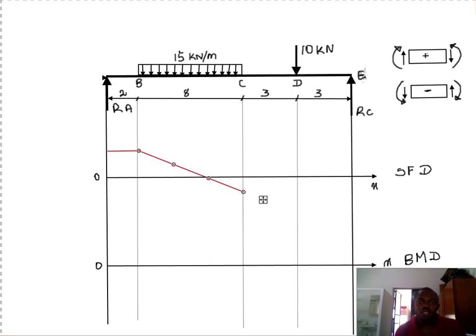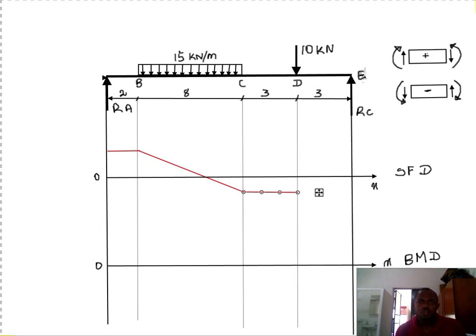And then here is minus 43,125, and here is positive, so it's changing from positive to negative. And at D left, as calculated earlier, it is also the same, 43,125.